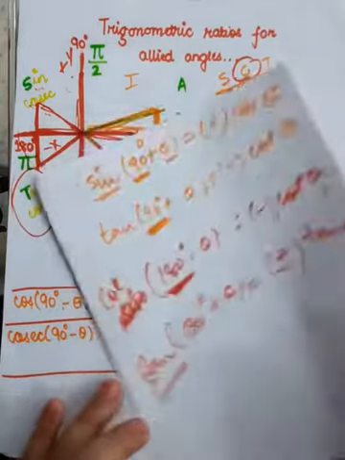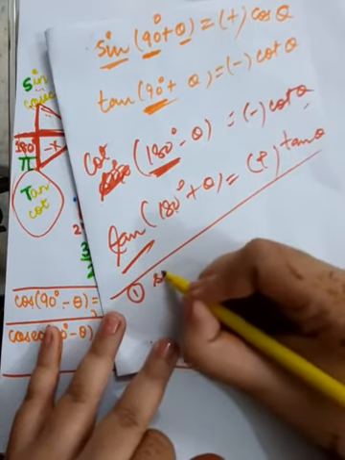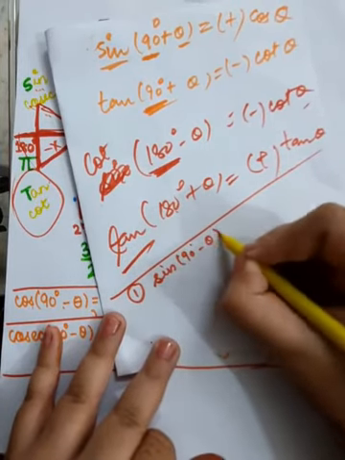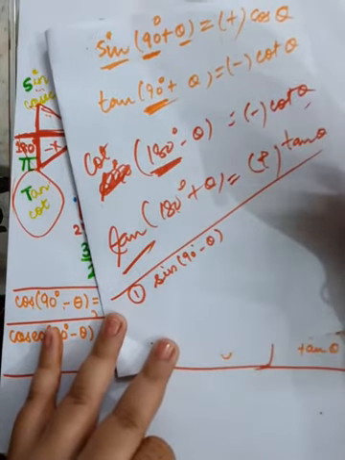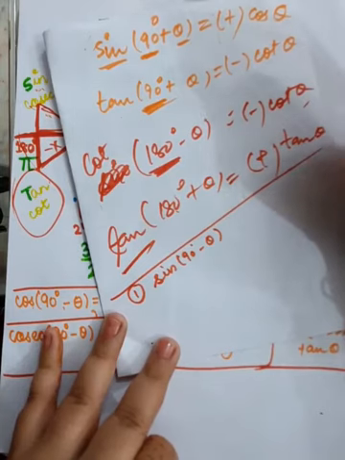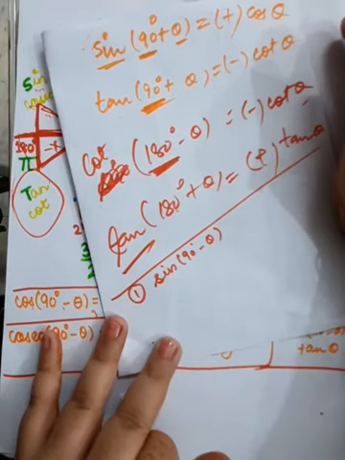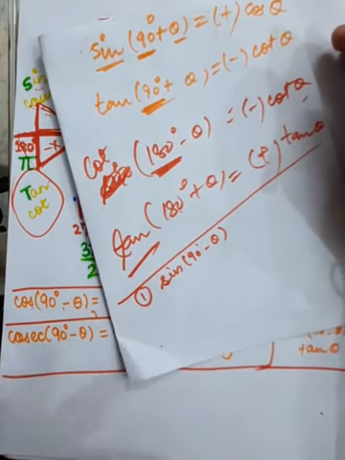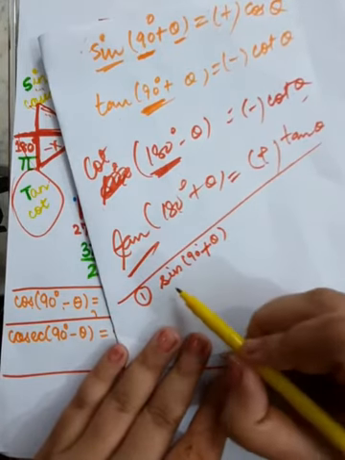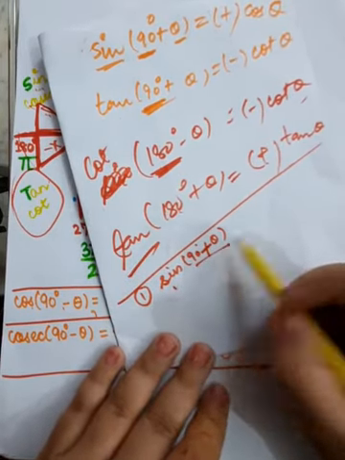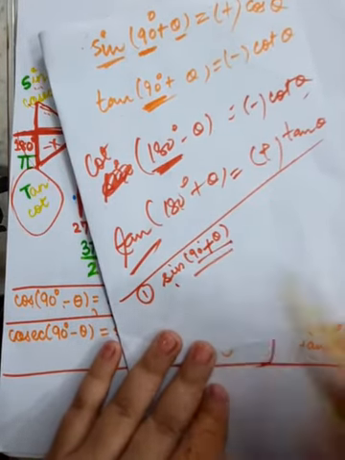I will give you an exercise to do. First of all, you will derive all the formulas for the 90 minus theta series: sine 90 minus theta, cos 90 minus theta, tan 90 minus theta, cosecant 90 minus theta, secant 90 minus theta, and then cot 90 minus theta. After doing it, you will find out 6 more formulas of 90 plus theta: sine, cos, tan, and so on.